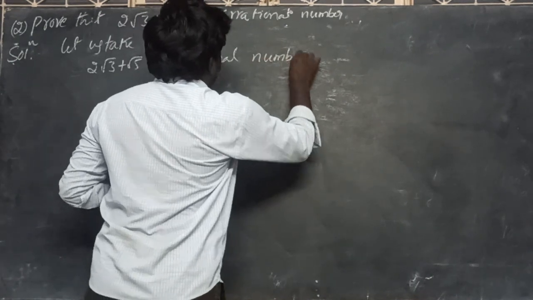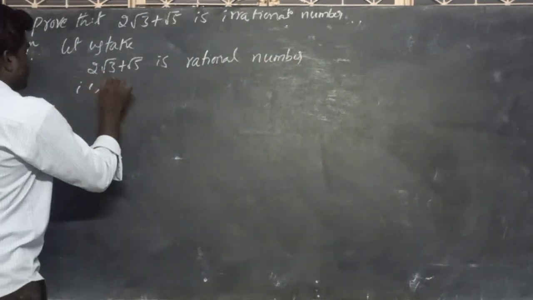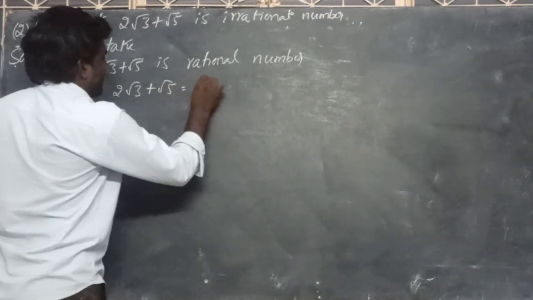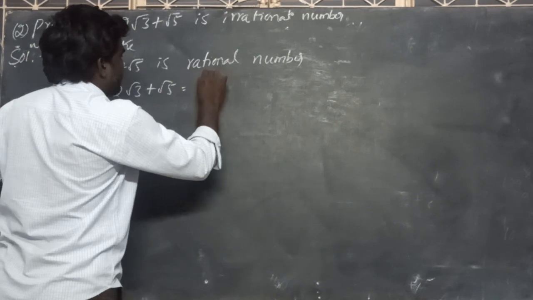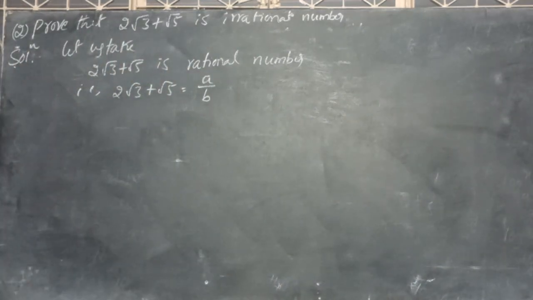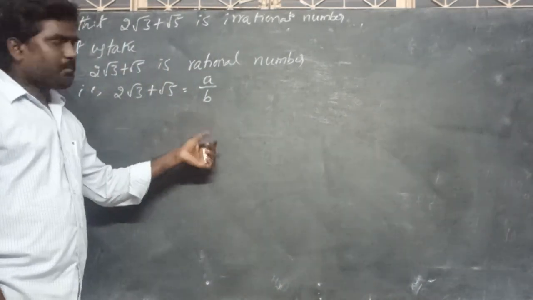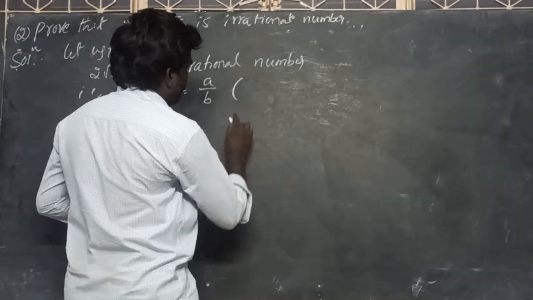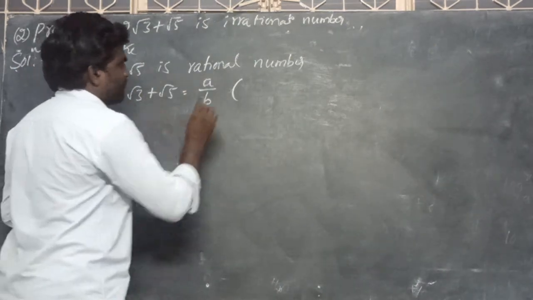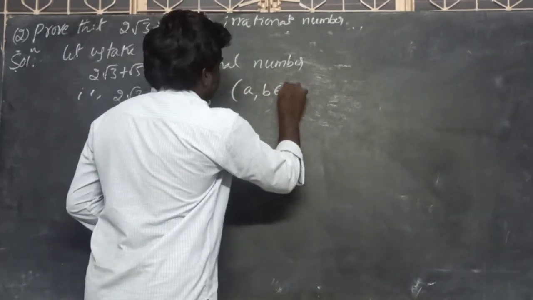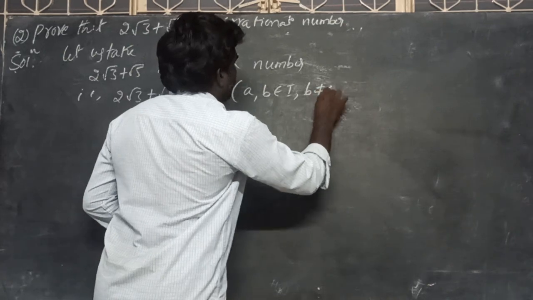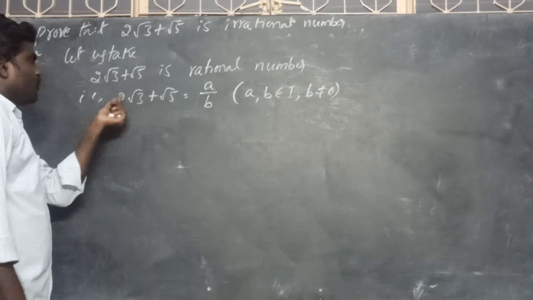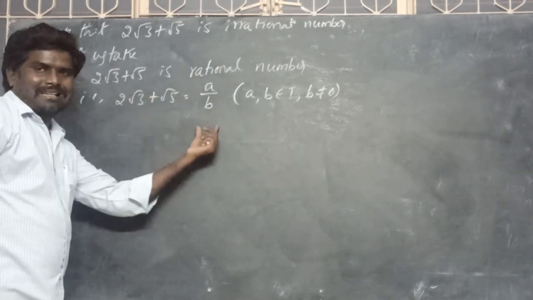So 2 root 3 plus root 5 is equal to a by b. A rational number is a number in the form p by q, where p and q are integers and q is not equal to 0. Here we take the letters a and b, where a, b are integers and b is not equal to 0.